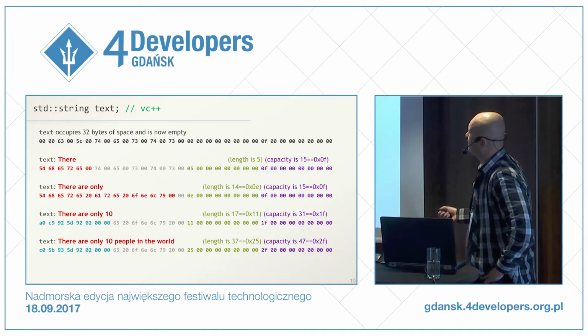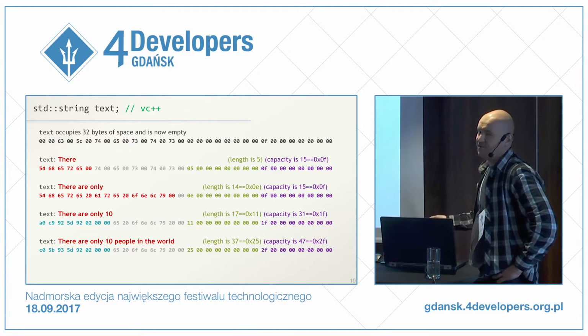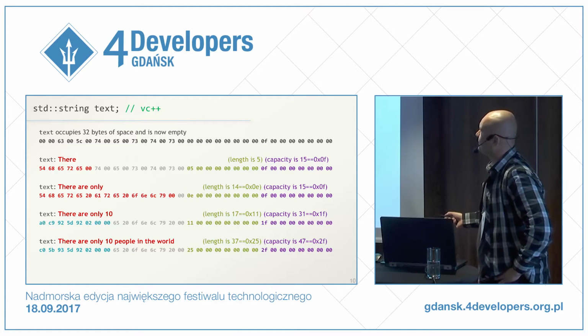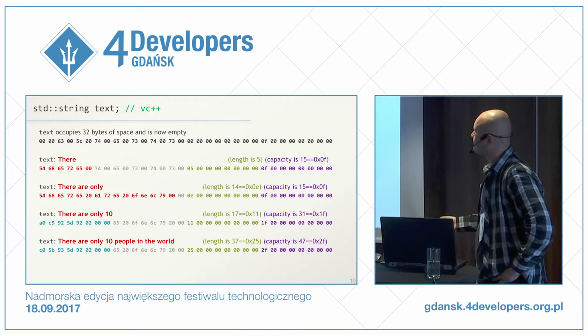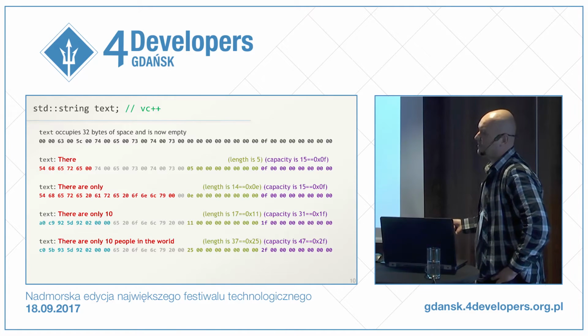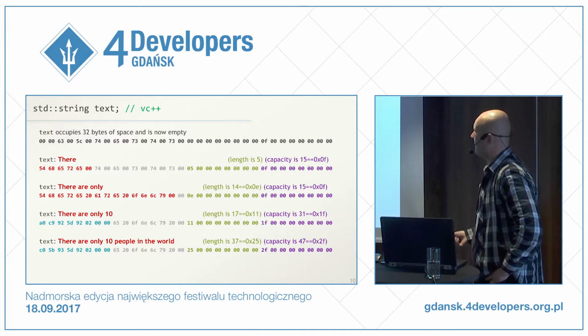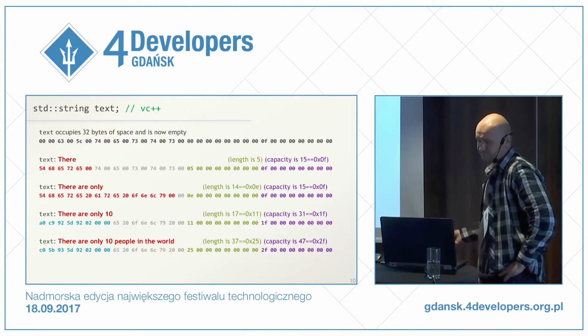In the beginning, we always have length and capacity, right? If we add more than 15 characters, the first keyword will become a pointer. So 2 different approaches.